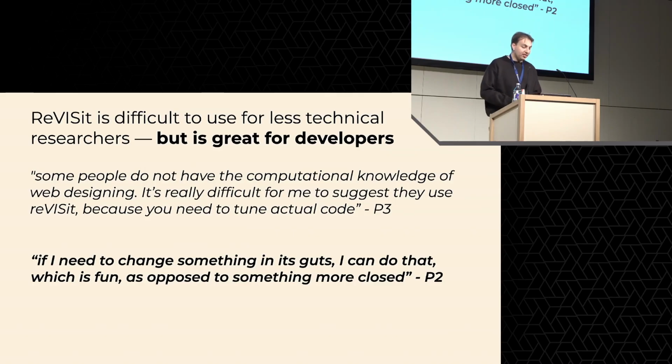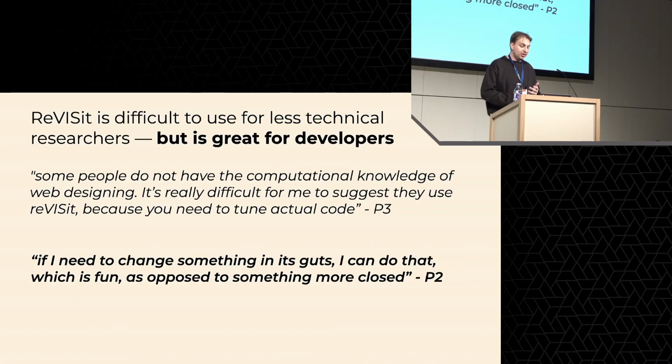However, the flip side of this is that the highly technical users who have used our tool so far have taken advantage of the open nature of the tool to shape it into their exact requirements. P2 told us, if I need to change something in its guts, I can do that, which is fun, as opposed to something more closed.